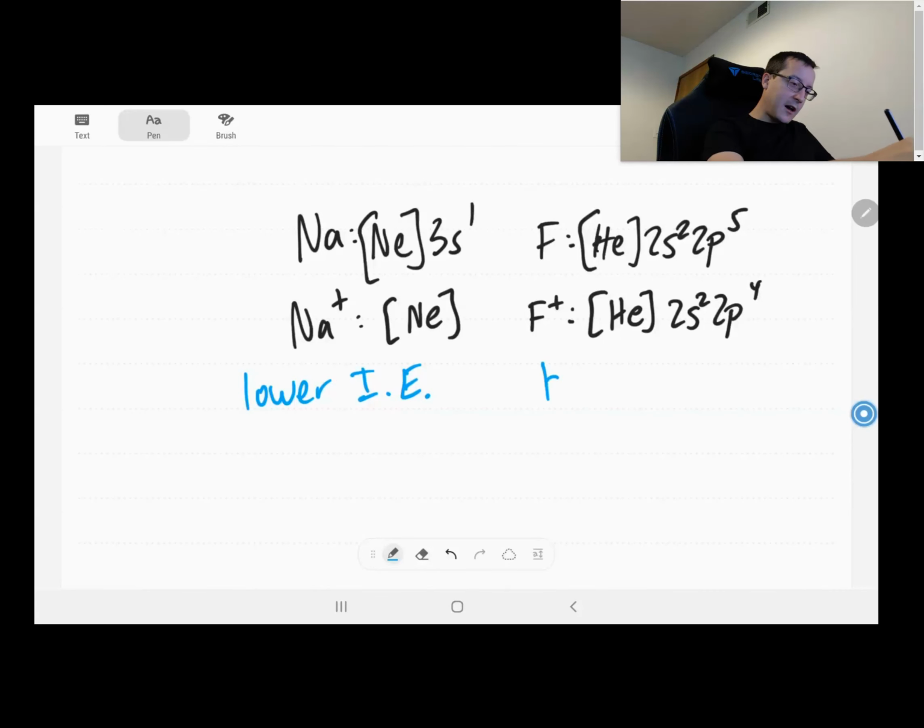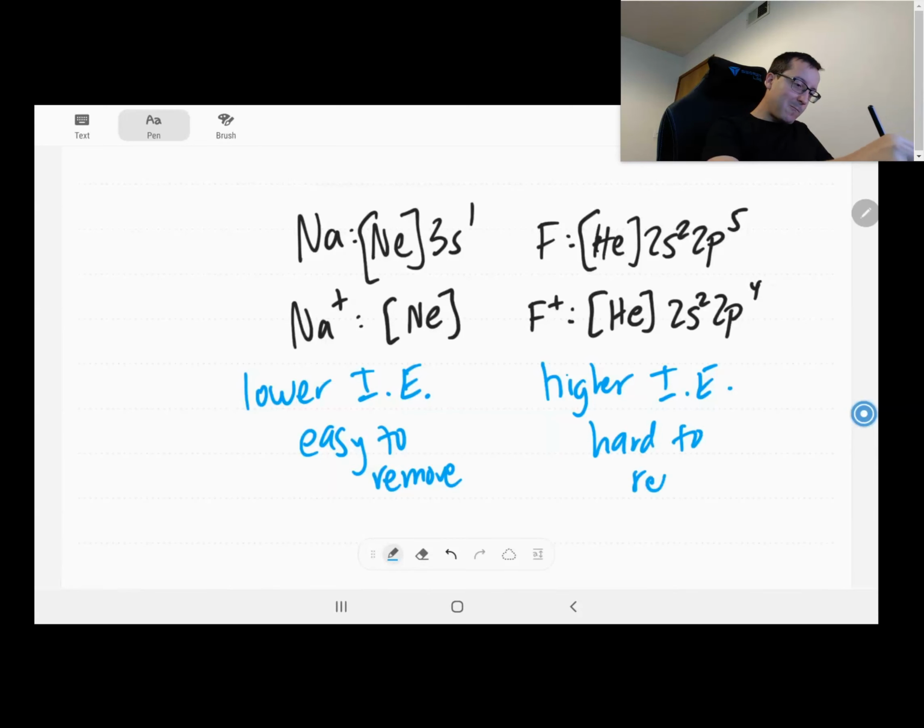This one is higher. Easier to remove. Hard to remove. It always takes energy to remove an electron, by the way, but it takes just a little bit to get from sodium, but a lot to get from fluorine.